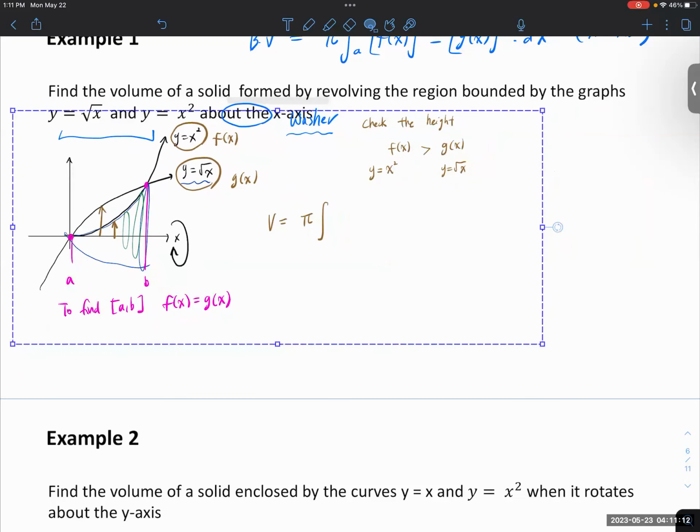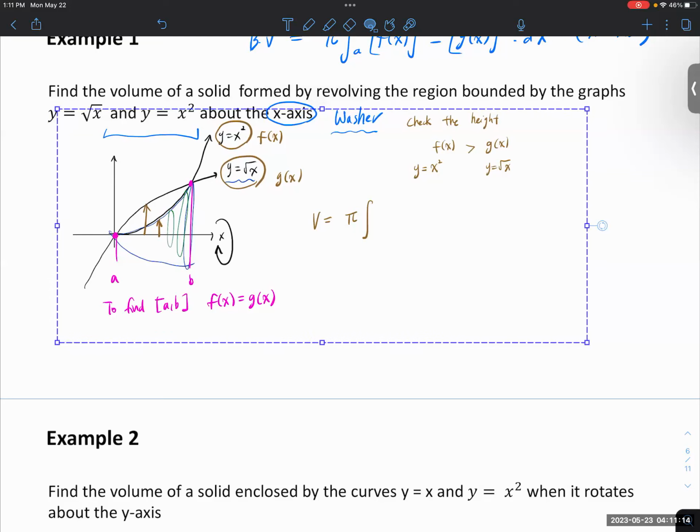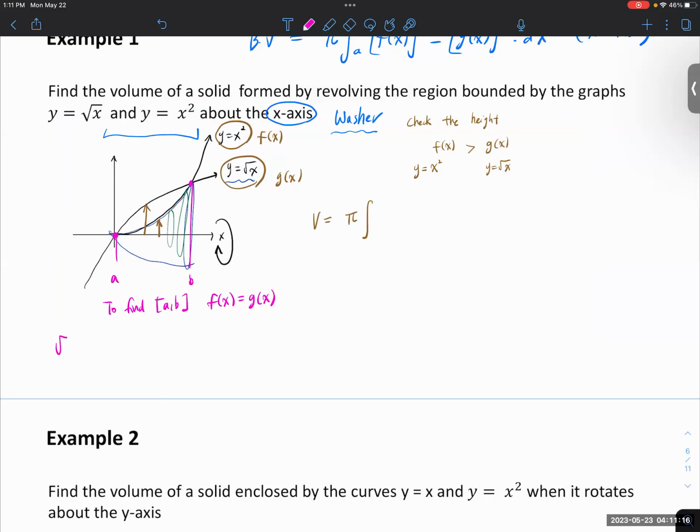So we have radical x equal to x squared. I'm going to square both sides so that the radical cancels and it is just x equals x to the 4. That means x to the 4 minus x equals 0, so x times (x cubed minus 1) equals 0.